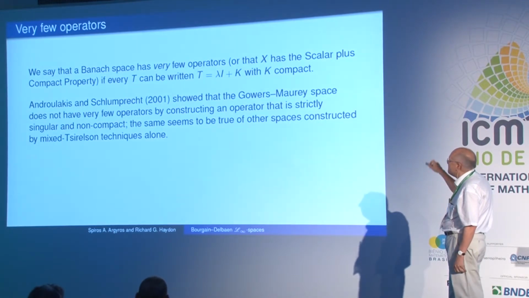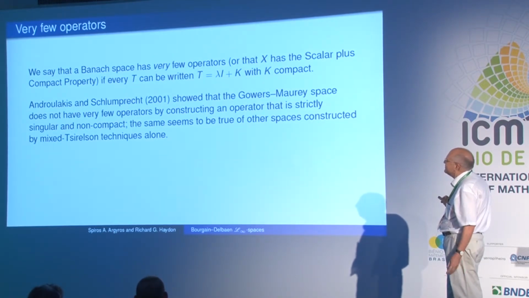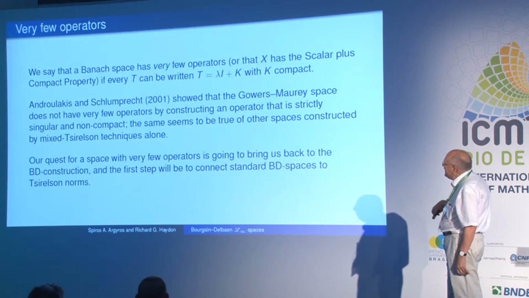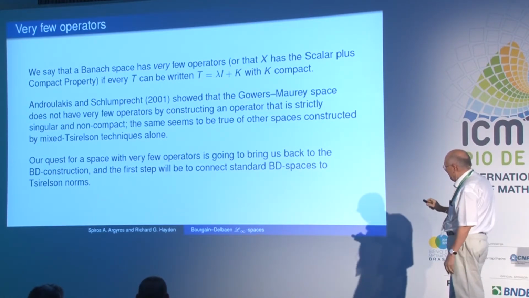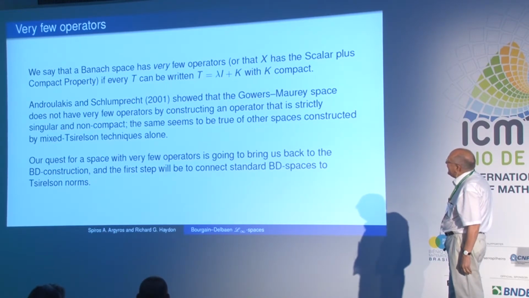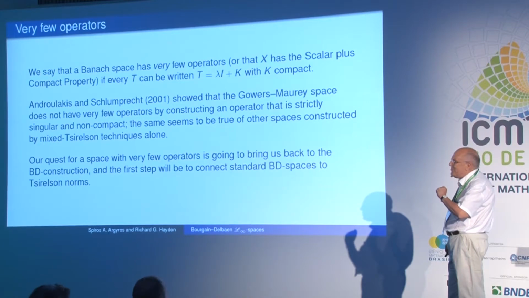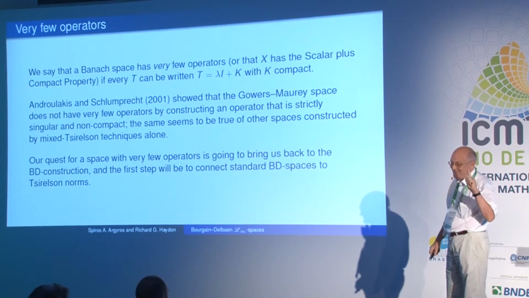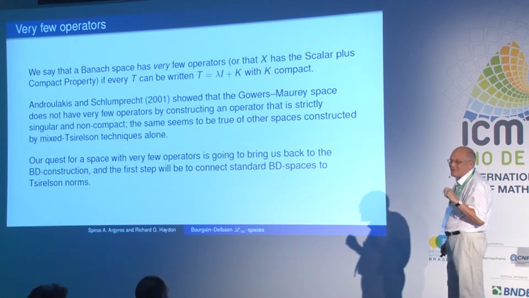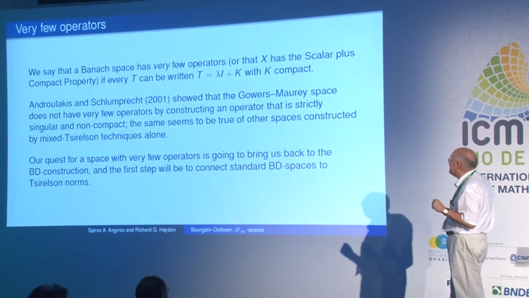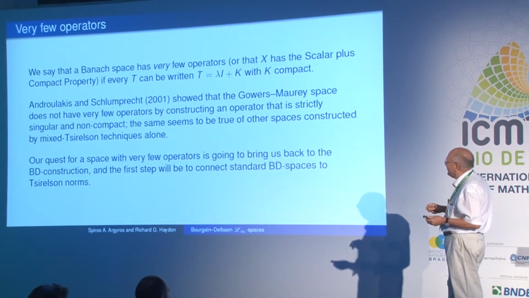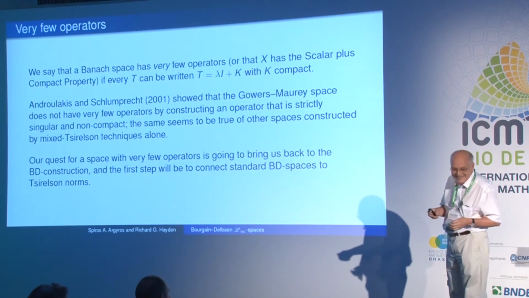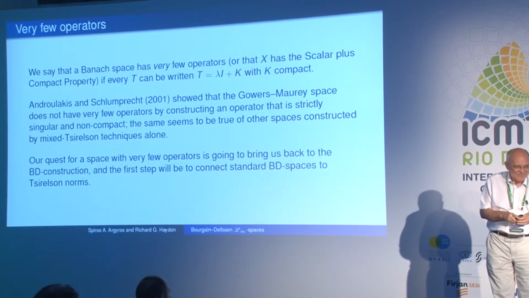That is necessary because it was shown that on Gowers-Maurey spaces there are strictly singular non-compact operators. So we're going to have to go back to the BD construction, and it turns out that in the BD construction, by a miracle which I'm not going to have time to talk about now, because I misjudged the length of my part of the program, every strictly singular operator is compact. I'm sorry that I've already overtaken my time a little bit.